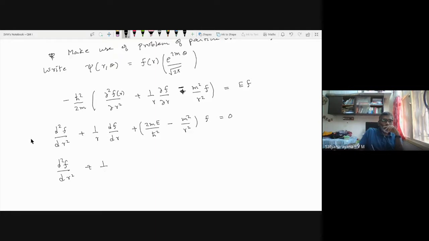Plus 1 by r into df by dr. So what I'm trying to do is I'm going to write r in terms of some dimensionless variable. So let us say I define some rho is equal to some k into r.